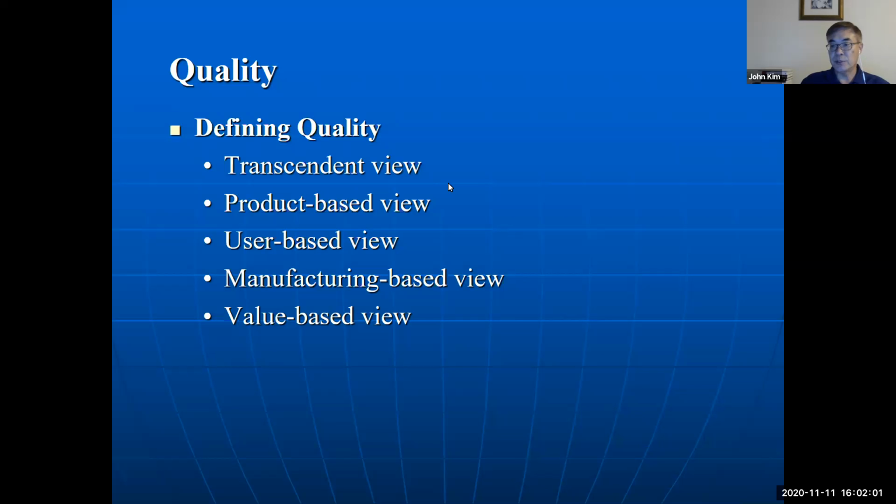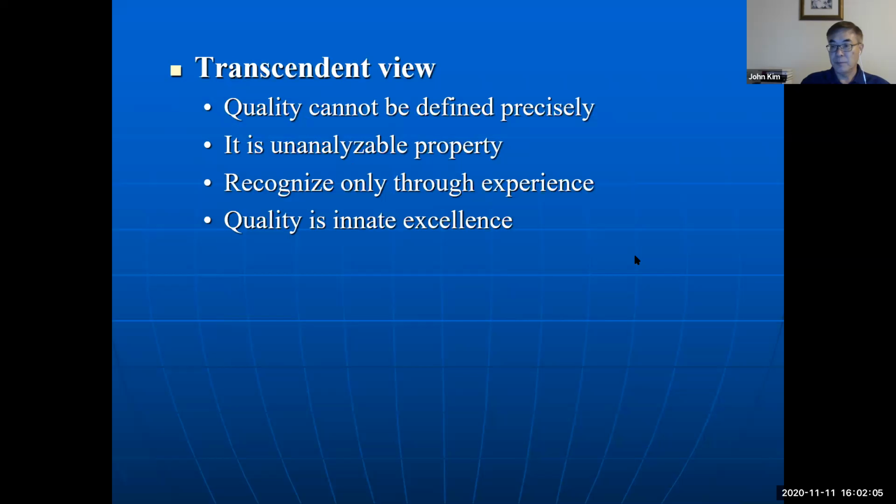First one is the transcendent view. Based on this view, quality cannot be defined precisely because we cannot analyze the property of quality without data, such as numeric data.